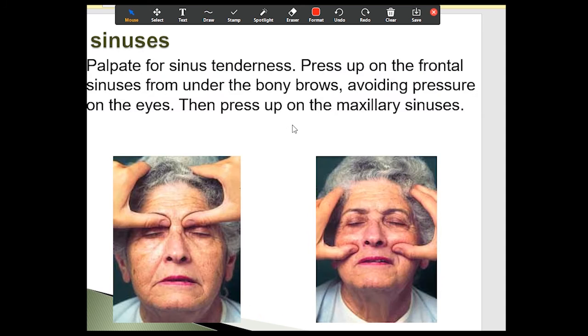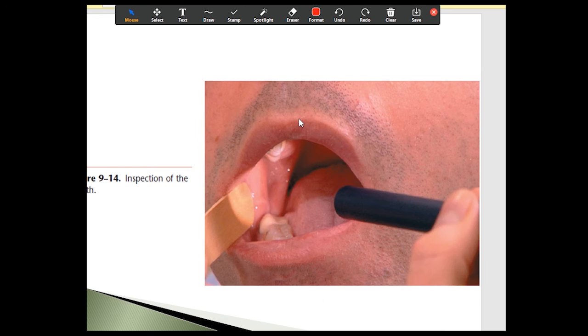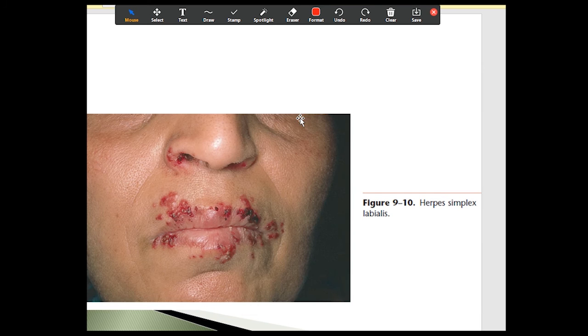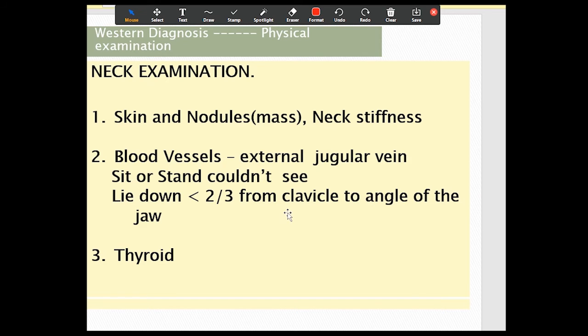Basically, we use our fingers to push on the local area. If the patient feels some tenderness or even pain, that means some inflammation is happening in there. And for most parts, we just look. Around the outside of the mouth, if there is some skin rash in there, basically it is herpes. So that's the head part.